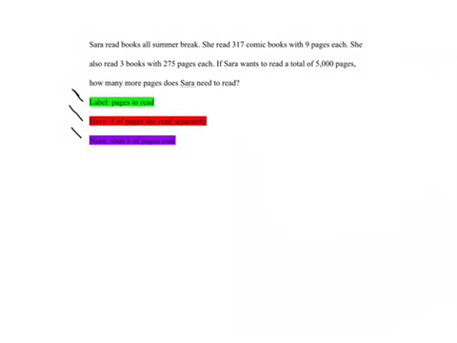So I'm just going to go ahead and circle those numbers again. She read 317 comic books with 9 pages each. Okay, there's that operation clue word, each. So I know that right there I'm going to multiply.